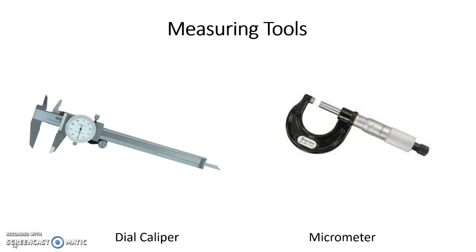Both of these are accurate enough to give you a measurement of how thick a sheet of paper is. A normal piece of paper, such as notebook paper or printer paper, you're going to get a measurement between 3 and 4 thousandths thick. That is 0.003 to 0.004, somewhere in that range.